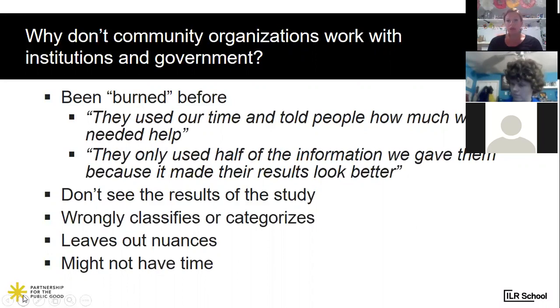So if you're doing interviews or if you're doing surveys, you might want to generalize or establish some large takeaways. But if you do that without qualifying it with some nuances, it might be a little troublesome. So for example, you might want to say, well, there's a high prevalence of diabetes in Indian country.